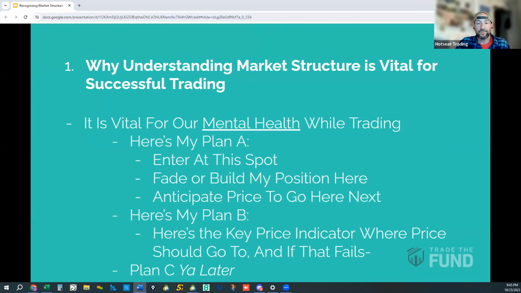Does that make sense? So even before we place our first trade, we have to accept the fact that we're not in control of the market. It can do whatever it wants at any given time, but I can still close out in profit regardless of which direction the market goes.